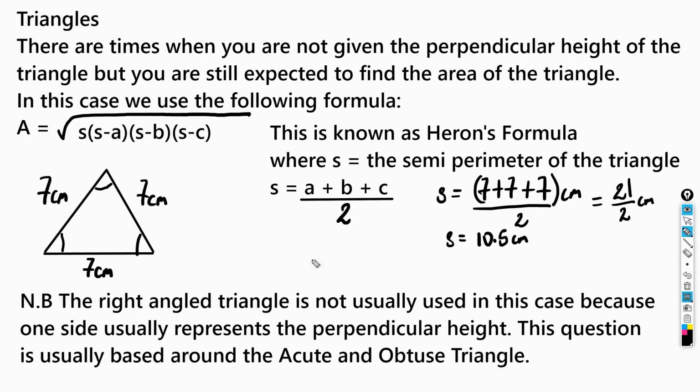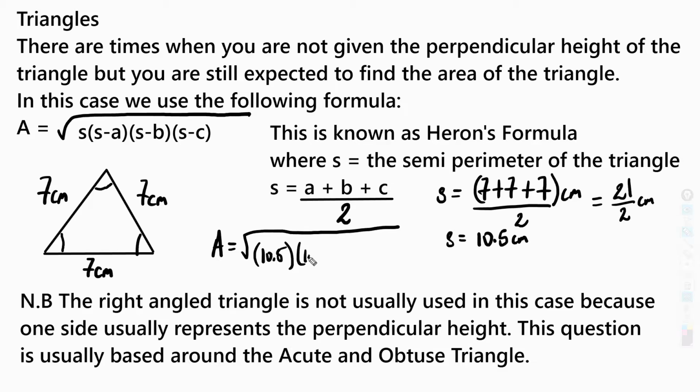Cool. So to find the area now, the area would be equal to the square root of 10.5, which is S, multiplied by 10.5 minus A, which is 7.